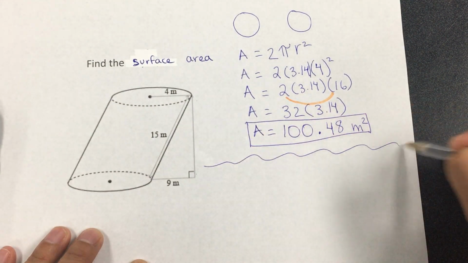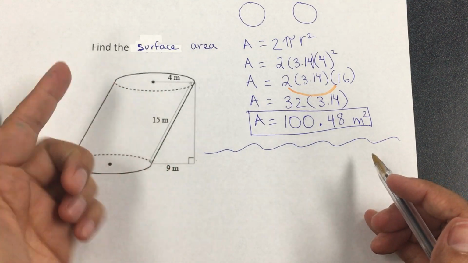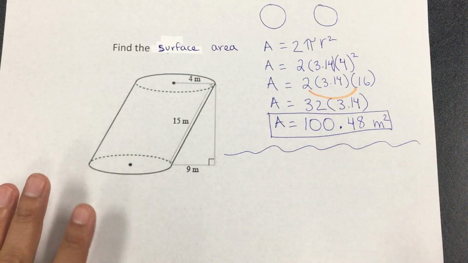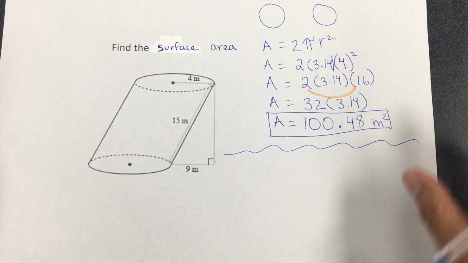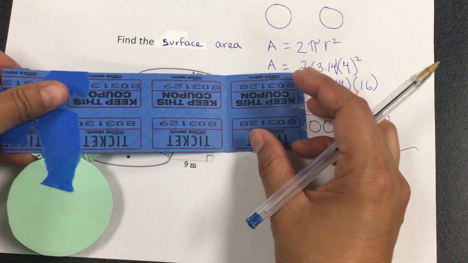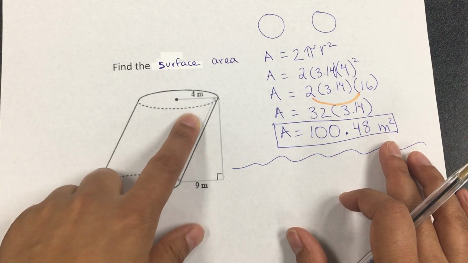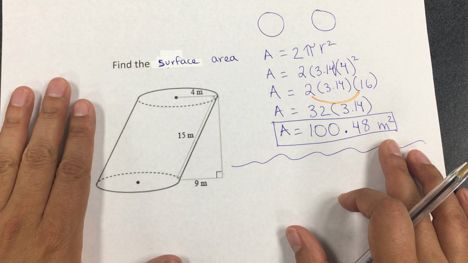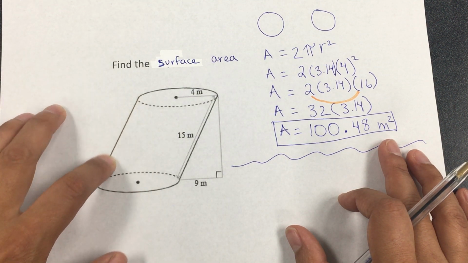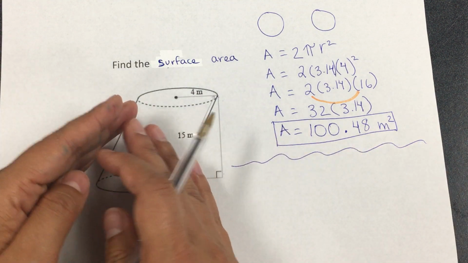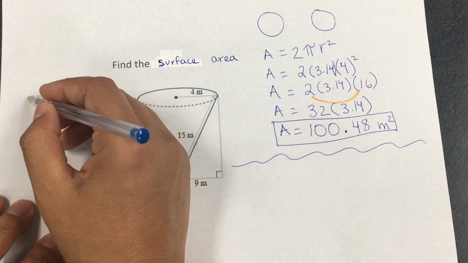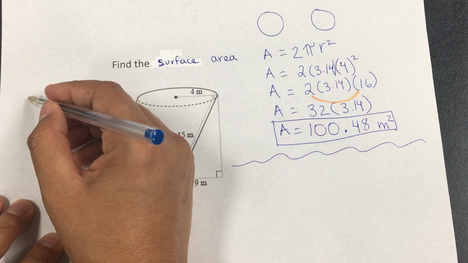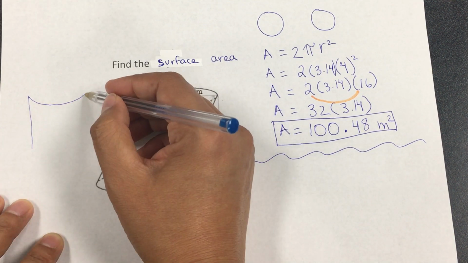For the lateral area, meaning around, you notice that for the other one, this was a rectangle, right? For this one, I have to explore this a little bit more, but I'm thinking that if you cut it in here and you open it, I believe, and I'm going to explore this, you can also do that.